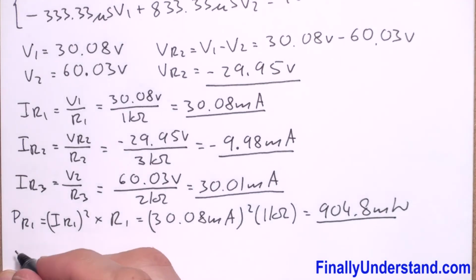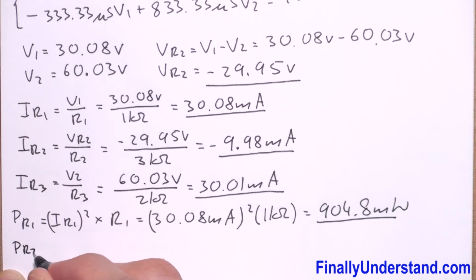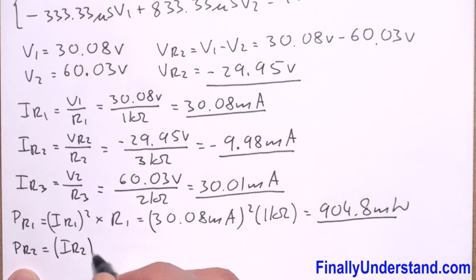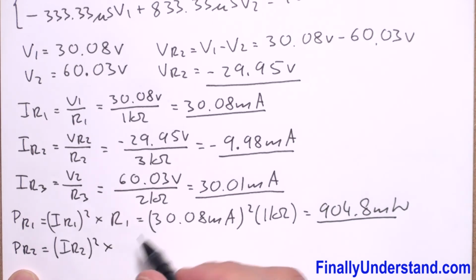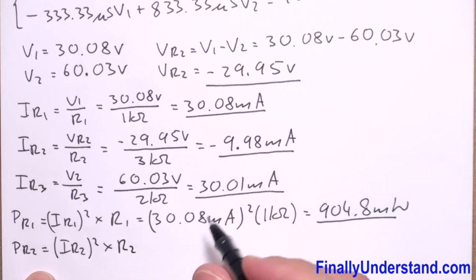Next we're supposed to find PR2. PR2 is equal IR2 to the second power times R2.